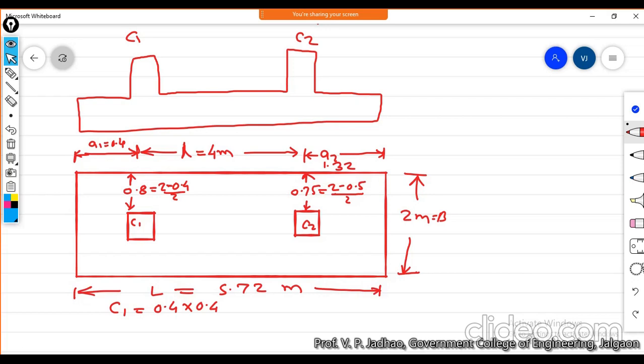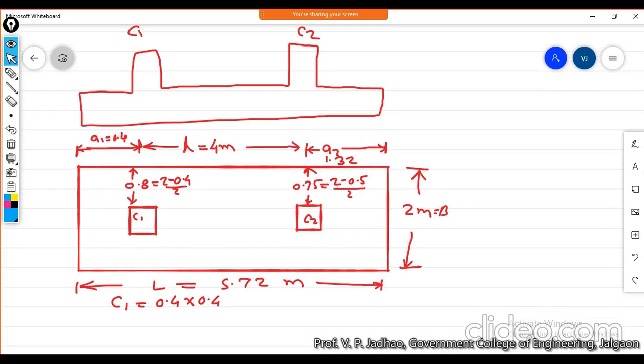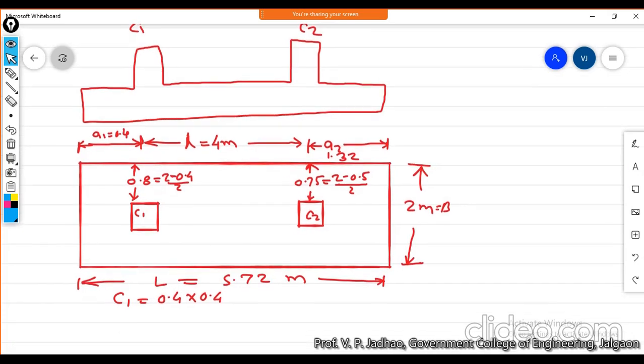Now we have to take different checks for depth. To calculate the depth of our footing, we should know the upward soil pressure.